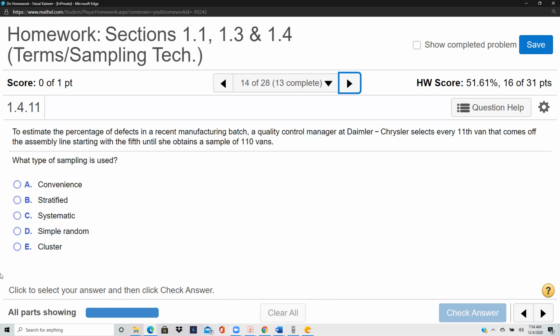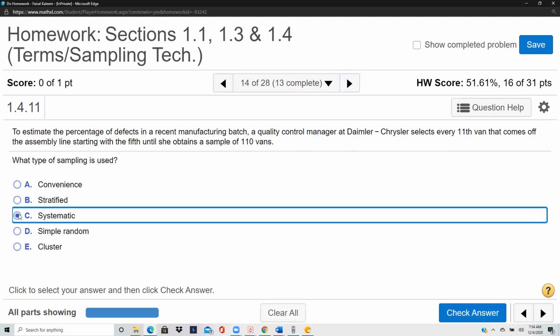So now with all this knowledge, let's see if we can answer this. To estimate the percentage of defects in a recent manufacturing batch, a quality control manager selects every 11th one. So that's systematic. You're using some kind of a system.